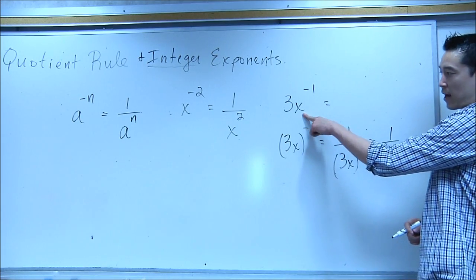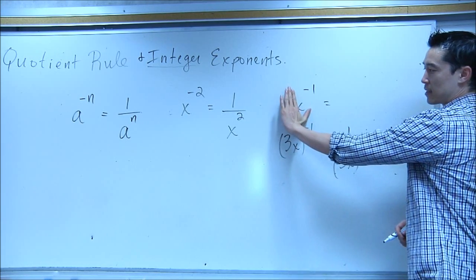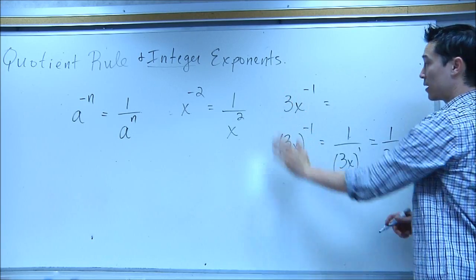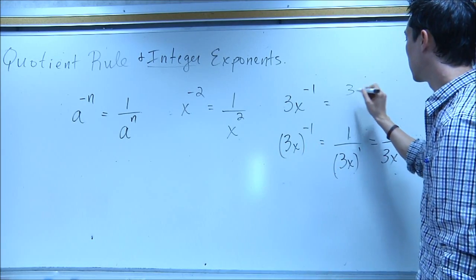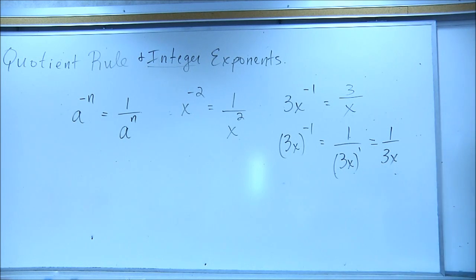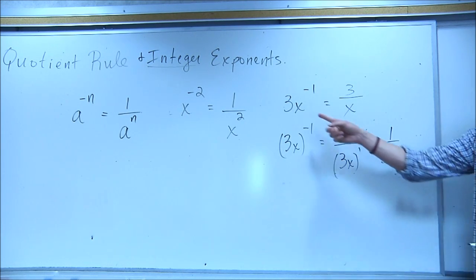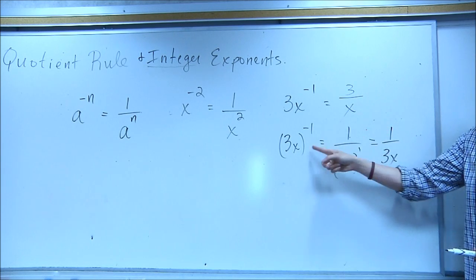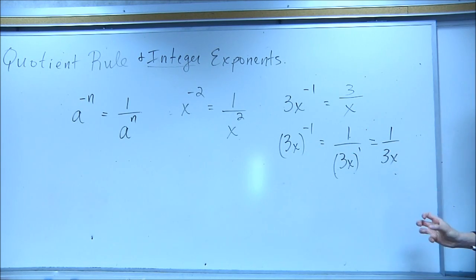This one is not. Just the x is being raised to the negative 1, not the 3, okay? So the 3 stays where it is. The x comes down. So that one is 3 over x, okay? And that gets confused all the time. So please, you know, double star that and highlight that, okay? The difference between this guy is 3 over x and this guy, 1 over, the 3 comes down because it's in the parentheses, okay?